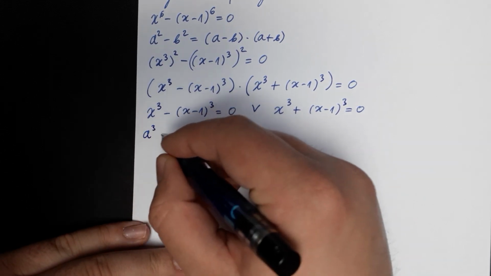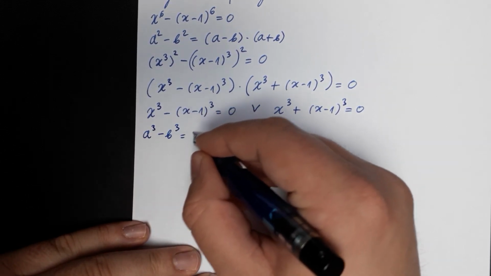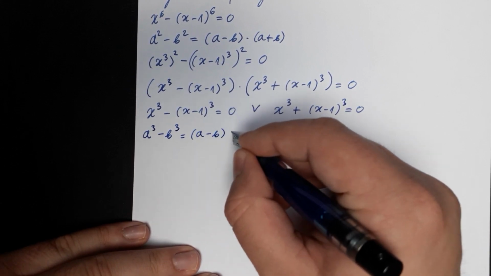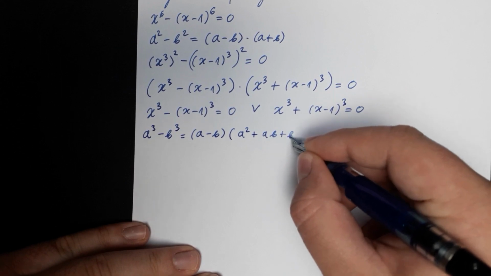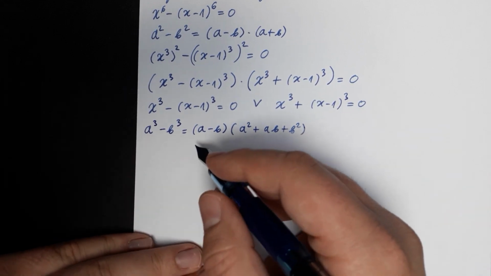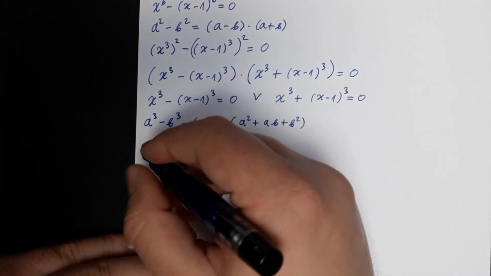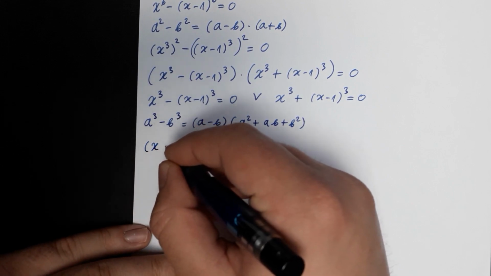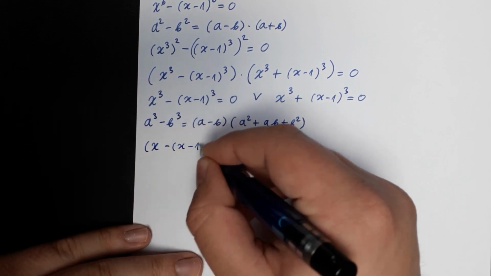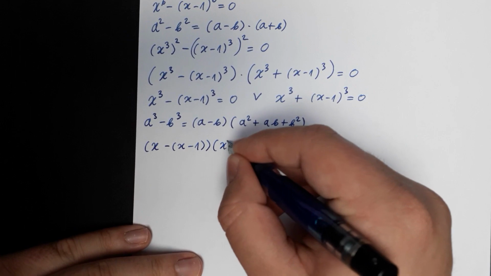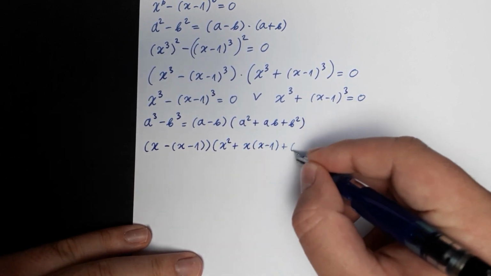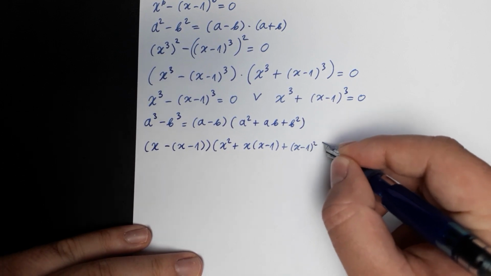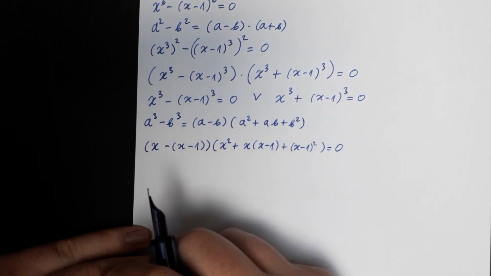It states that a cubed minus b cubed is equal to (a minus b) times (a squared plus ab plus b squared). Well, that is going to transform our formula into (x minus (x minus 1)) times (x squared plus x(x minus 1) plus (x minus 1) squared), which is going to be equal to 0.